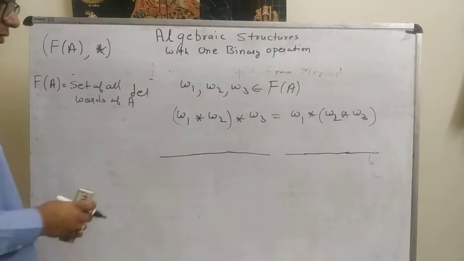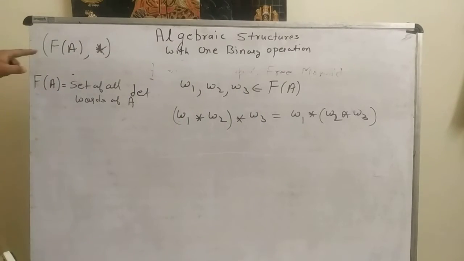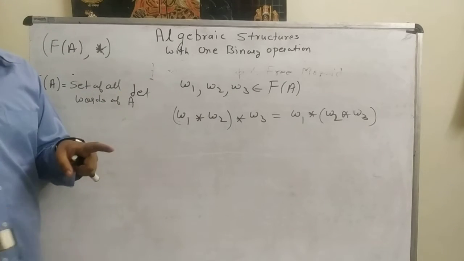So we can easily say this is associative, and this algebraic structure (F(A), star) is a semigroup, named the free semigroup.